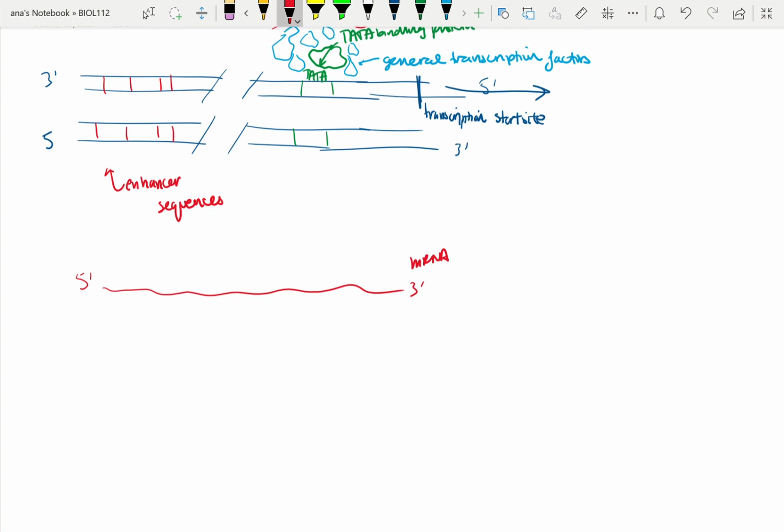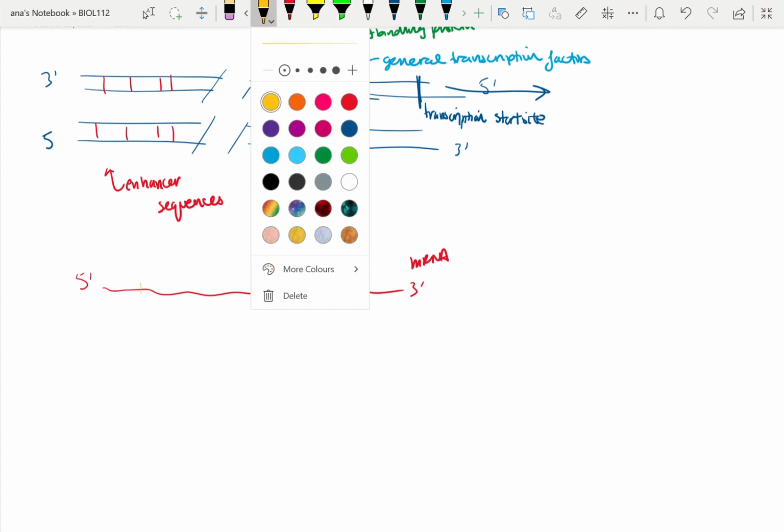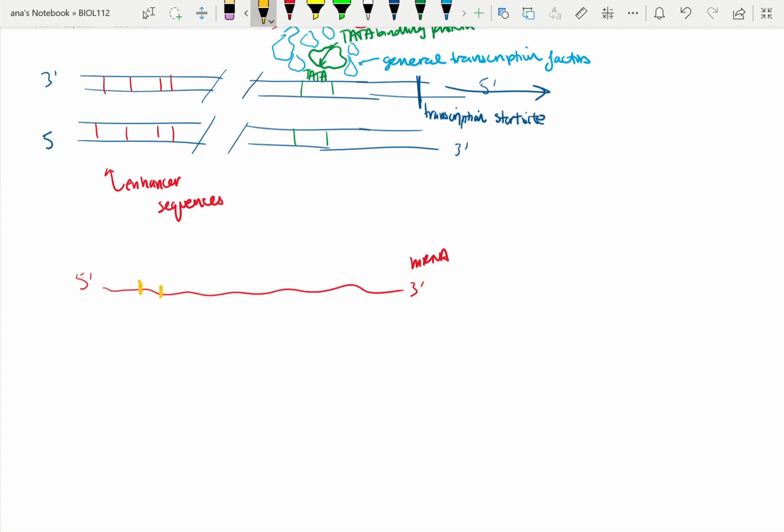So there's actually this really important part of eukaryotic processing that happens, and that includes things like, here I'll use a different color. So let's say these little yellow segments, I'm going to call my introns.